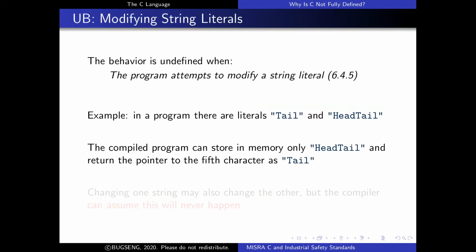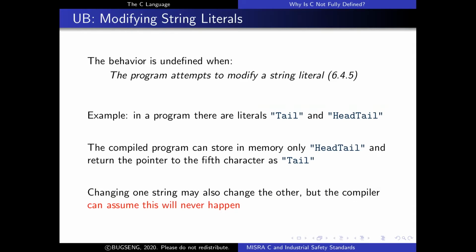For example, if we have a program where we have two literals, one is tail and the other is head tail, then the compiler can store in memory only head tail and return a pointer to the fifth character when it needs a representation of tail. So if you change one string, you change also the other. And this is why the compiler assumes this will never happen.